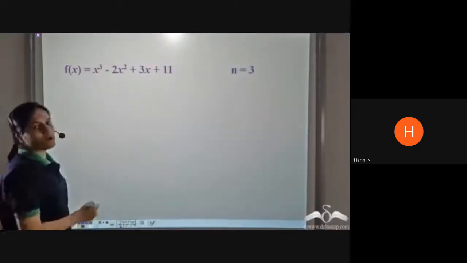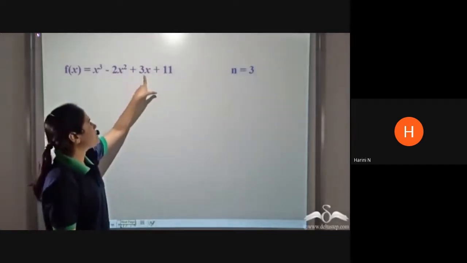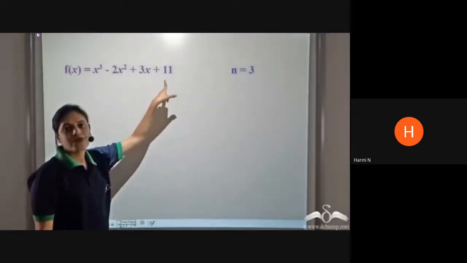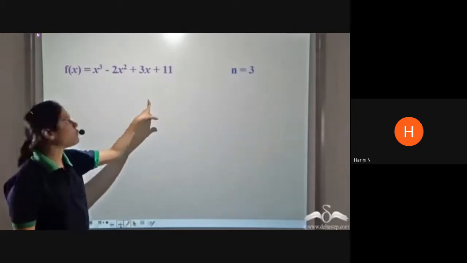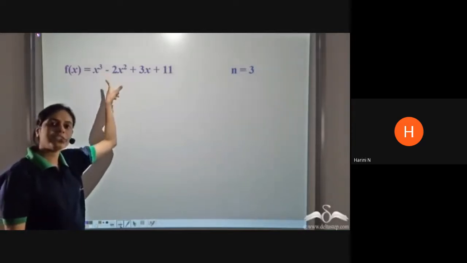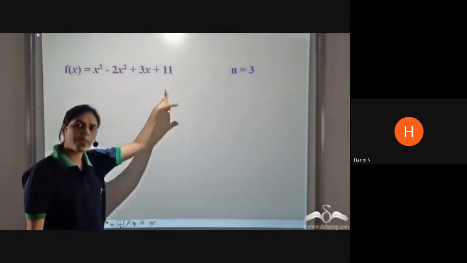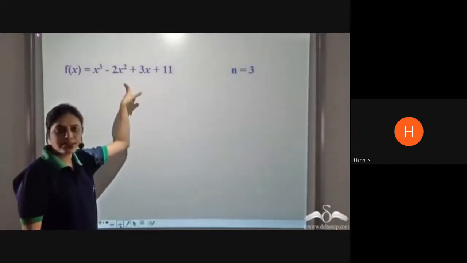Now consider this polynomial x cube minus 2x squared plus 3x plus 11. What is the degree of this polynomial? The degree of this polynomial is 3 because the highest power of the variable is 3, and it is a polynomial in one variable obviously because only x is present.